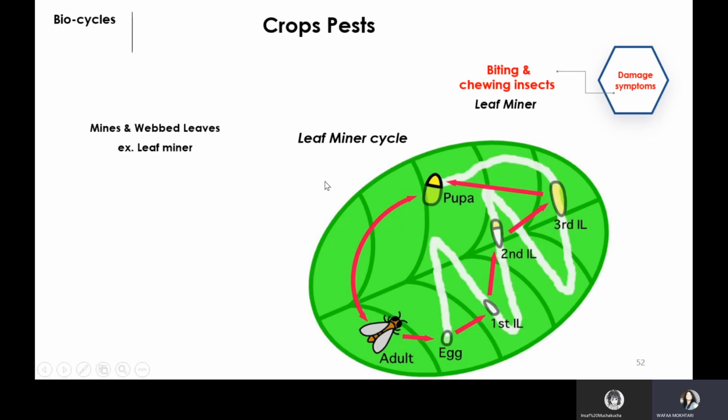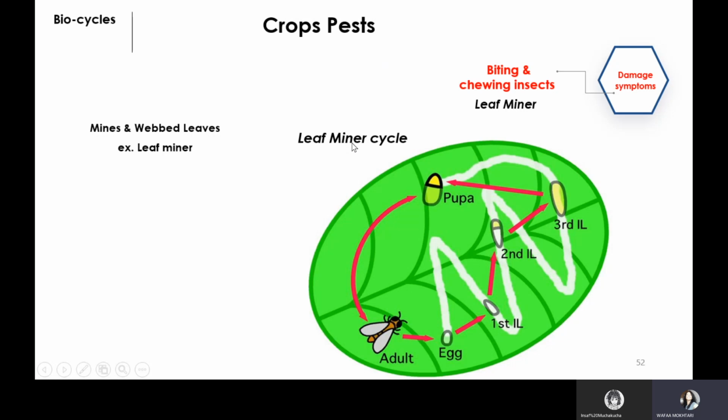A leaf miner has an important life cycle. It starts with eggs laid by an adult leaf miner, and after some time we get the first instar larva through to the third instar larva. These larvae are the damaging problem before going to the pupa and transforming into an adult.